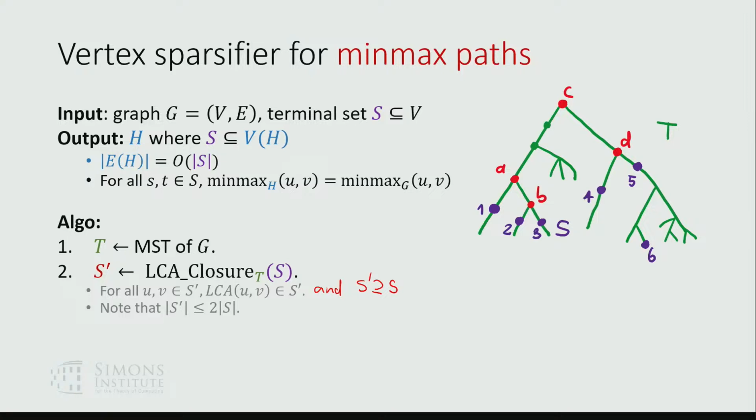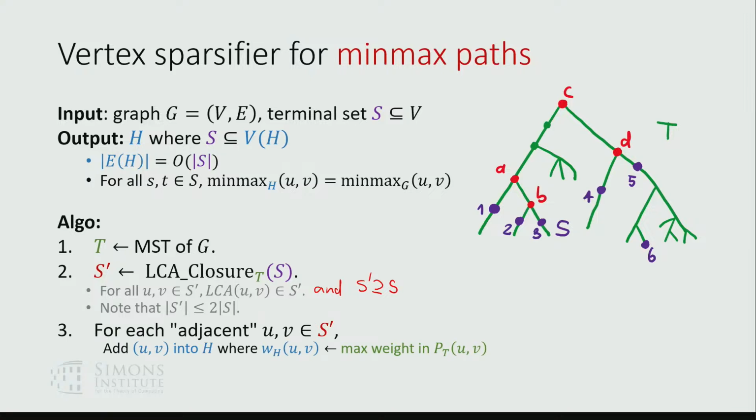So compute S prime. Once you have S prime, we can define an adjacent pair of two nodes in S prime. For example, these two are adjacent because there is nothing else in S prime on the path between A and C. So look at each adjacent pair U, V in S prime.